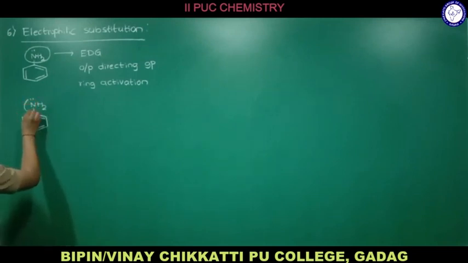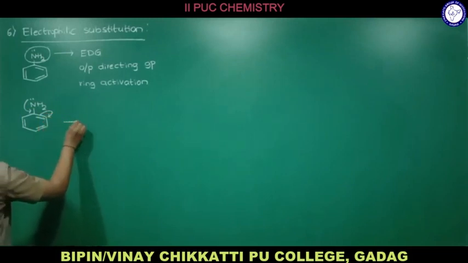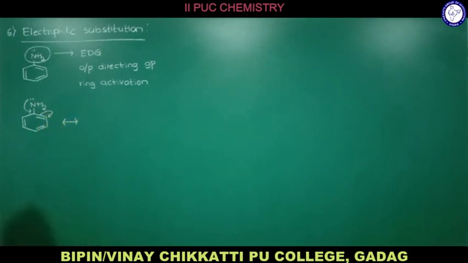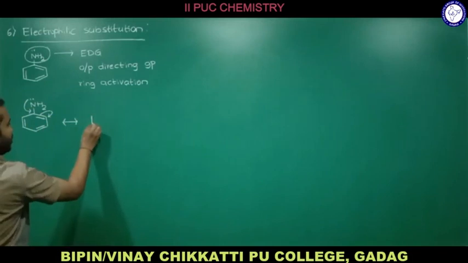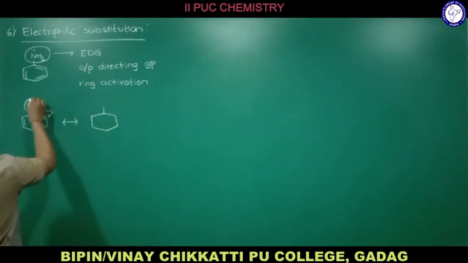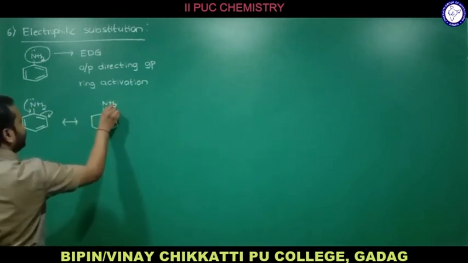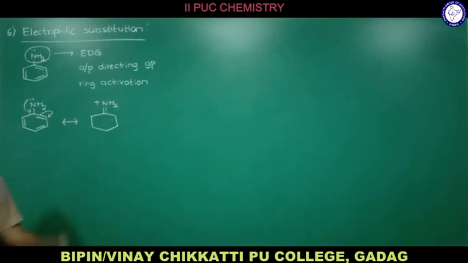This lone pair will shift in this fashion and the pi electrons will shift in this fashion, so we get a resonating structure. This is the arrow representation. For the second resonating structure, the lone pair shifts here, therefore we get a double bond, and since NH2 has been given, the nitrogen gets a positive charge.